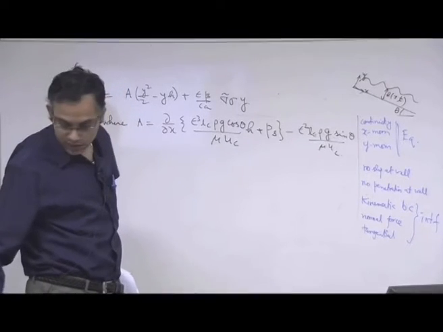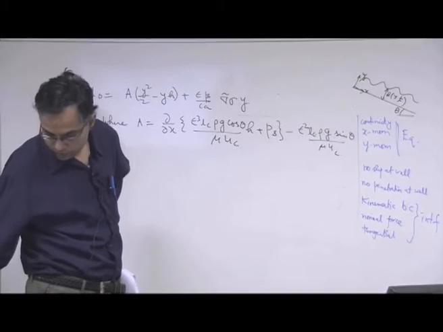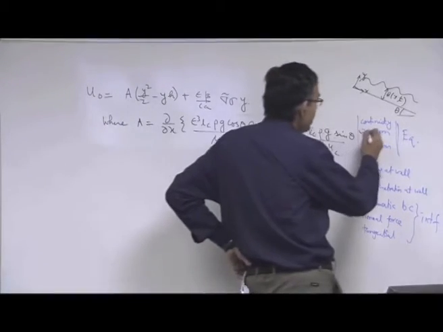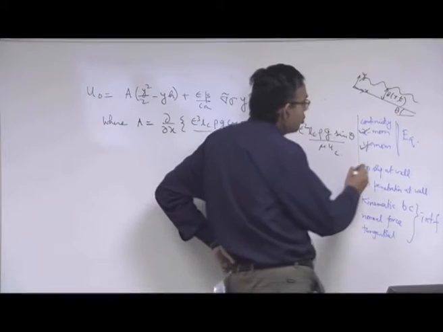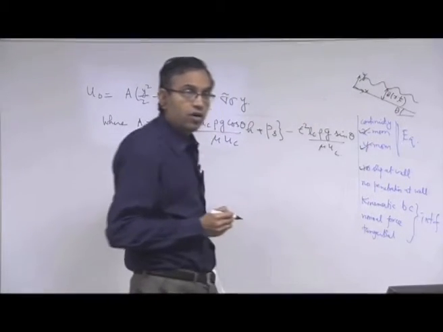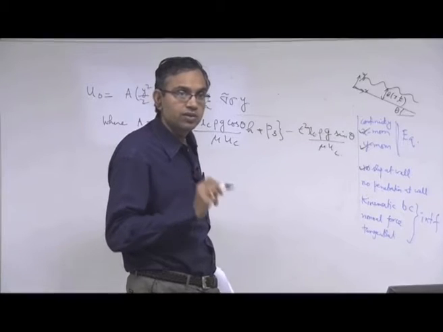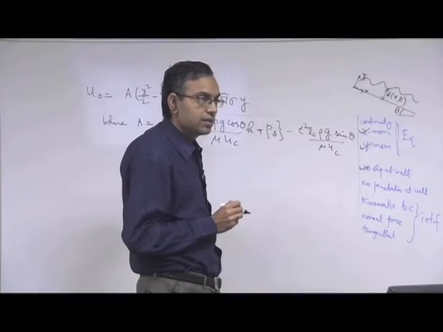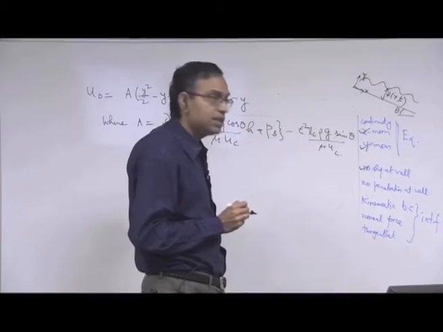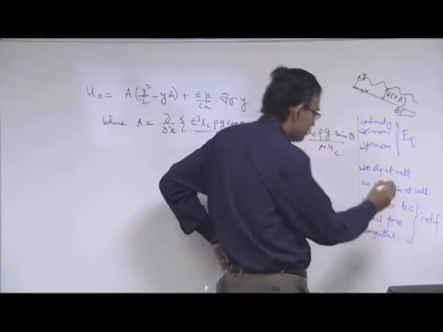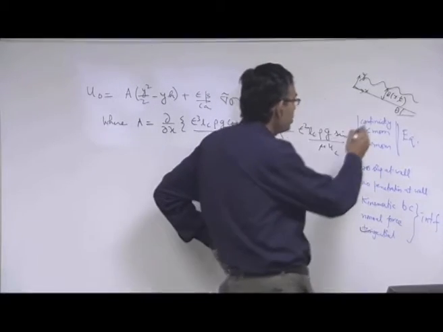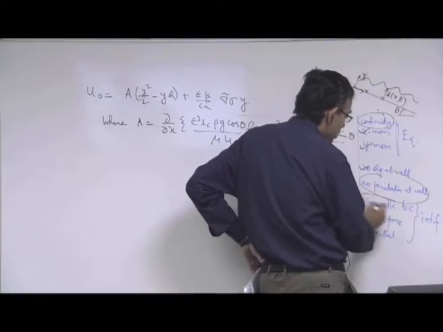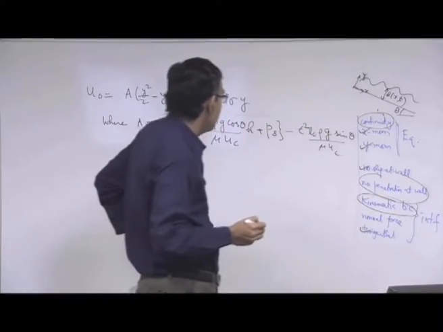So, let us see out of these what we had made use of. We have made use of the x momentum and y momentum, no slip at the wall, not yet no penetration at the wall. At the interface, we have used the tangential force. So we are yet to use the continuity equation, no penetration at the wall, and the kinematic boundary condition.